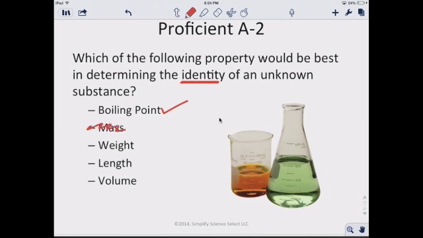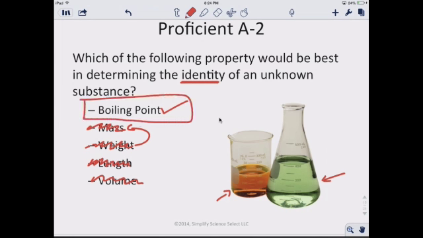We couldn't tell if this beaker was filled with something and this beaker with something else by putting them on a balance. Weight is basically a product of mass. Length is an extensive property, and volume would definitely be an extensive property. So really the only one that would help us in determining it would be boiling point.